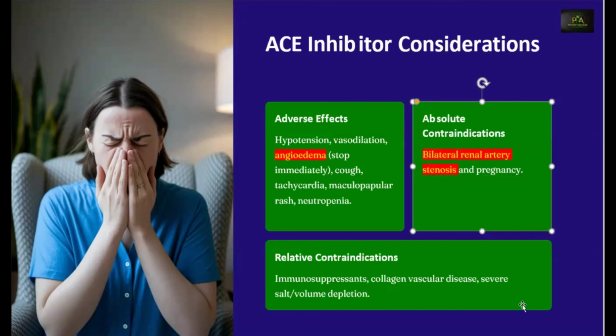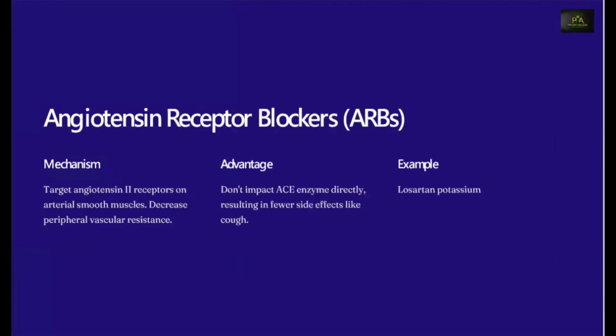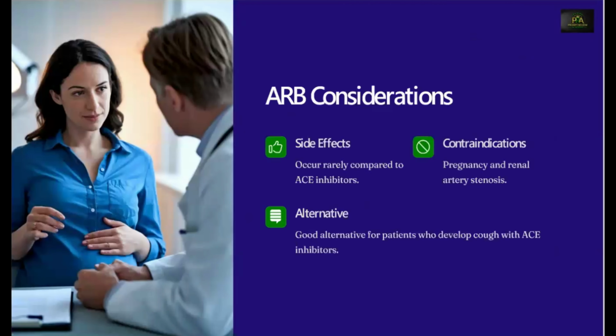Bilateral renal artery stenosis and pregnancy, we have said it. So even if they say the patient is a woman of childbearing age, and the patient is on an ACE inhibitor, you need to stop it. So the same thing, ACEs and ARBs are talking about the same thing. So it's the same contraindication.